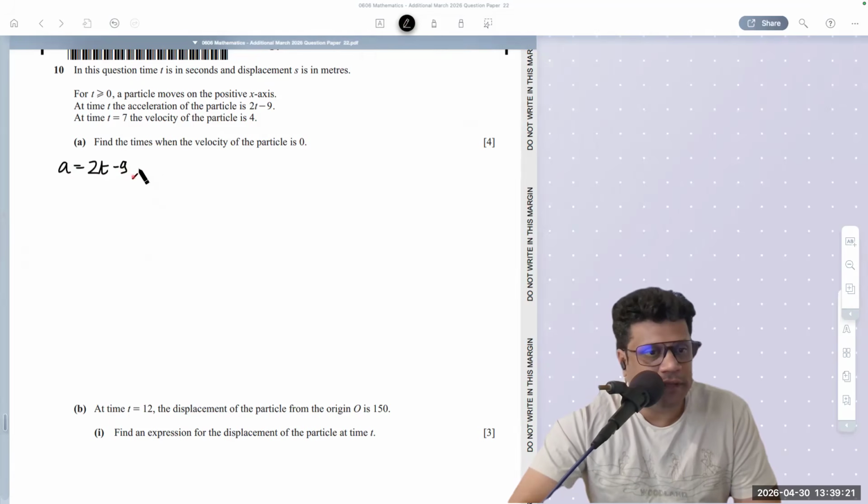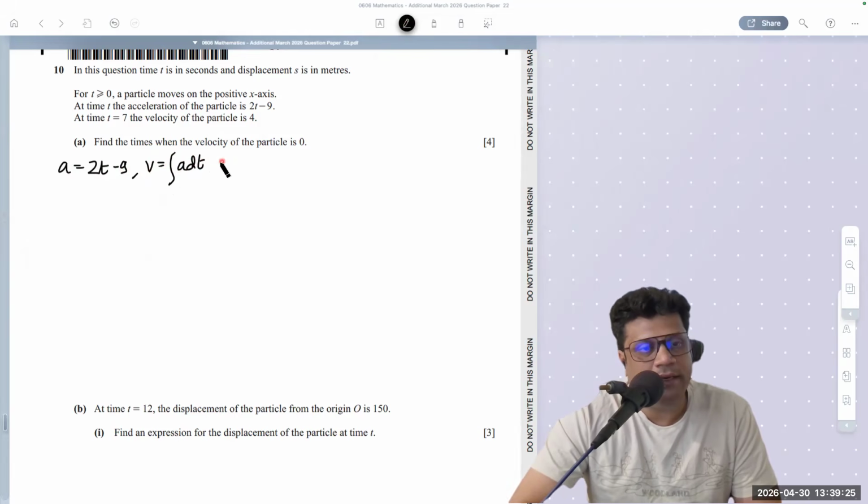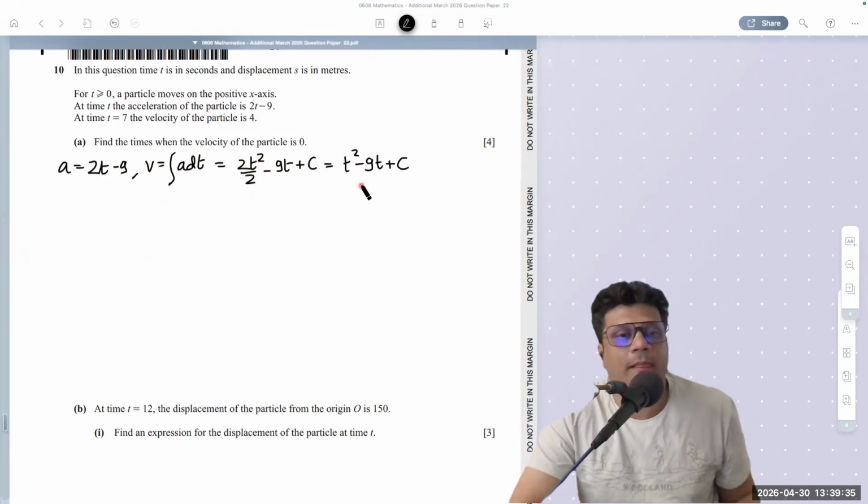I also know that velocity is acceleration integrated. So it will be 2t square by 2 minus 9t plus c, which is t square minus 9t plus c.